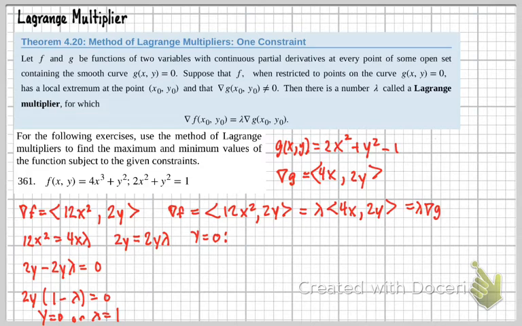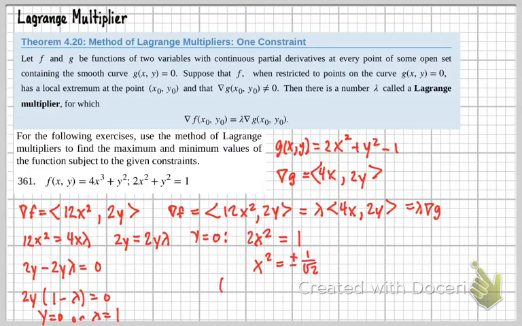So if y is 0, then I get 2x squared equals 1. And that's kind of what I had before. I can move the 1 over, or divide the 2 over. So then I'm going to get x equals plus or minus 1 over square root of 2 once it's simplified. So this gives me 2 points here.